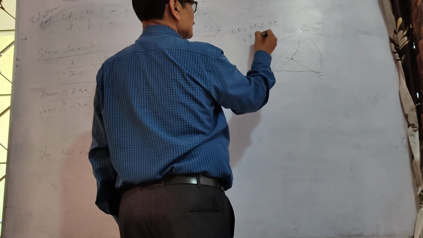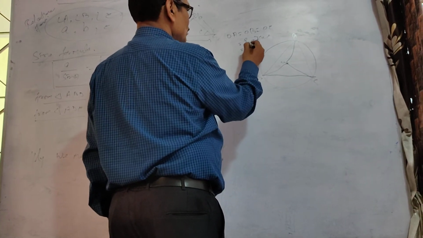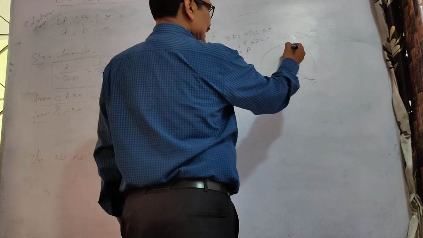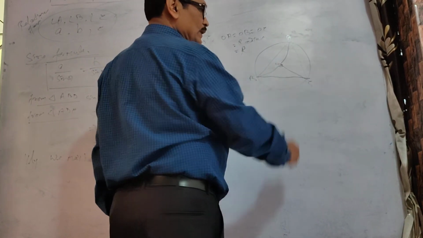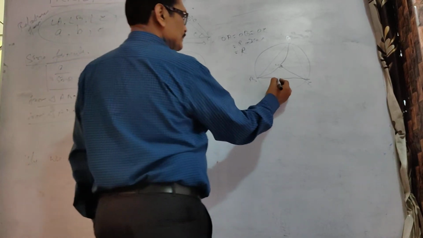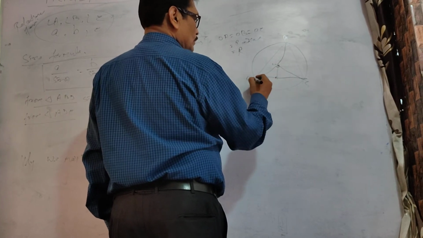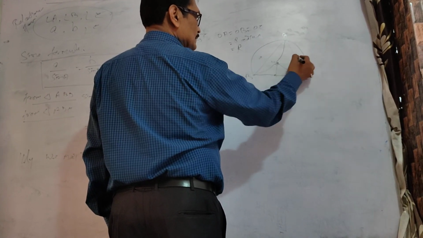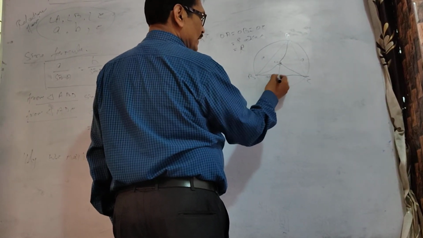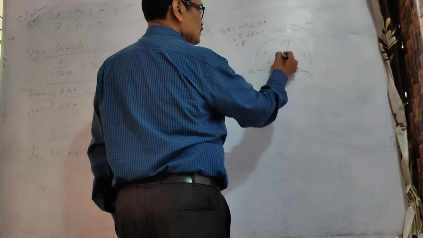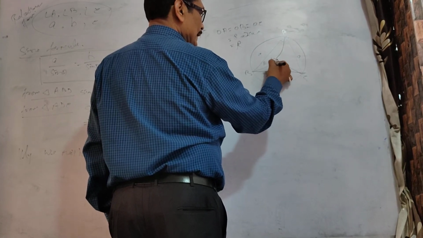This is the radius of the circle, so this radius is equal to R. This angle is A, and this angle at the center will be 2A, and this one is the middle point. This side is a, so this one is a by 2. This is the radius R. This angle is A, this is 2A.